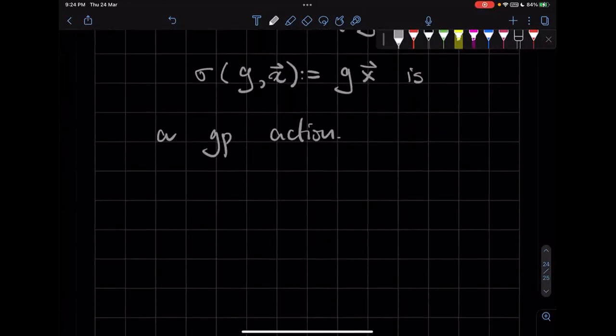Okay. Now, we could have defined the group action of SOn on Sn minus 1. And let me give that to you as an exercise.